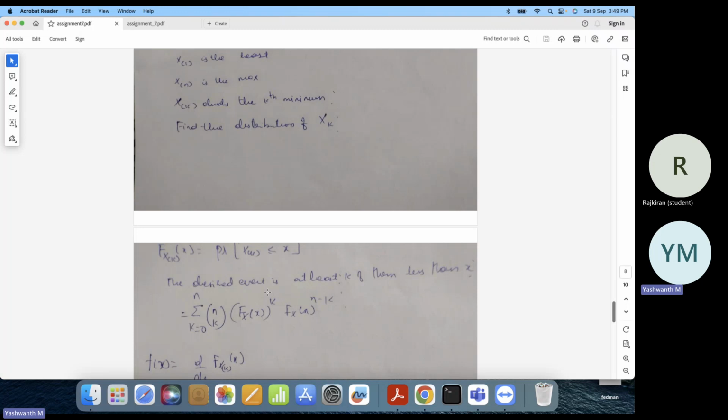That is n choose k times probability of X less than or equal to x, whole power k, times, there's a typo, 1 minus Fx of x, whole power n minus k. It should be 1 minus Fx of x whole power n minus k.